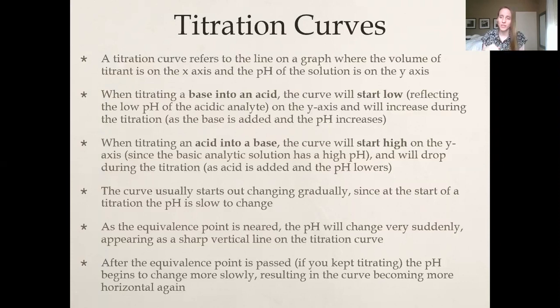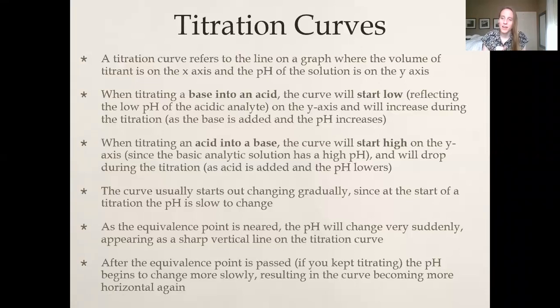The pH changes really slowly when you first start adding the titrant, and it'll start changing more slowly as you move further away from the equivalence point. But there is an area of the graph where the pH will change very, very rapidly, and you'll see a near vertical line.